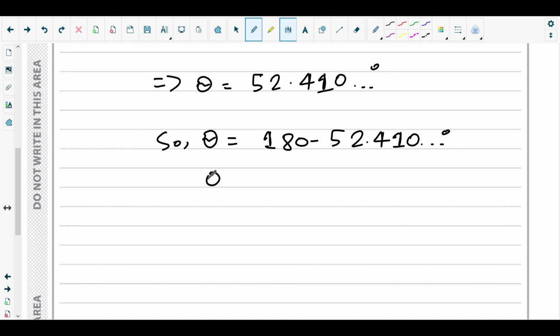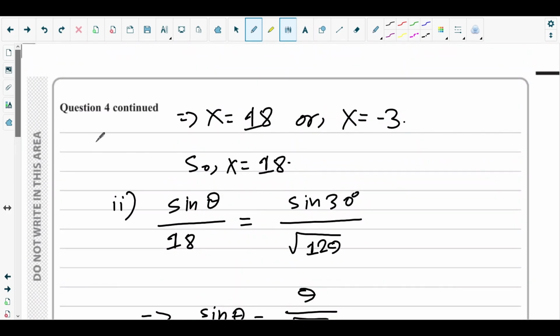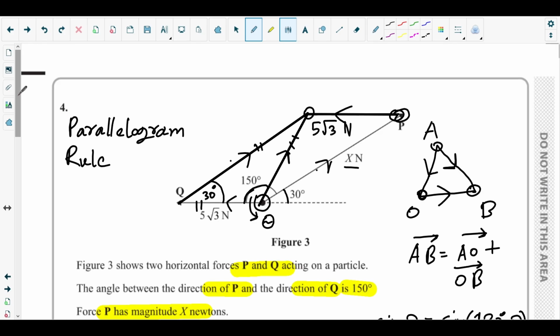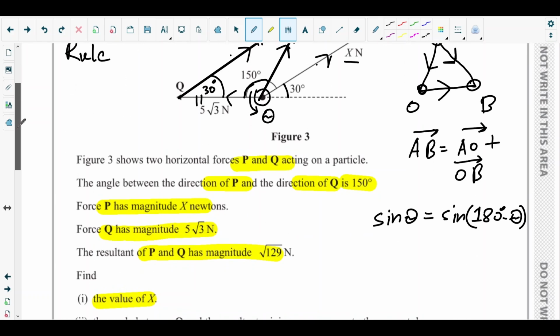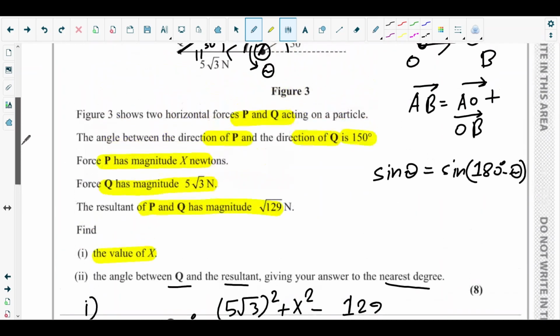So theta would be how much? To the nearest degree, the value of theta would be 180 minus the answer we saved. So 127.5, that means you have to write 128 degrees. That's the answer for part 2 from question number 4 of the January 2024 M1 paper, and that's what they have asked for. That's it.